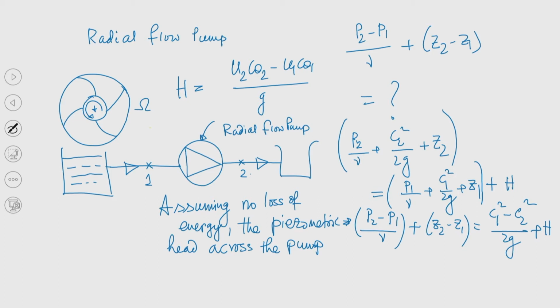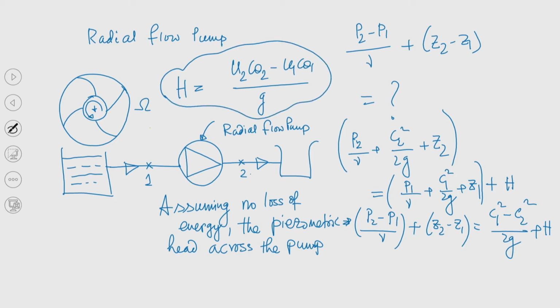What is H? Our objective, we can simply write this expression in this form. This is also correct, but since we have learned that the total head developed by the pump, though it is the ideal head, can be written by this expression.